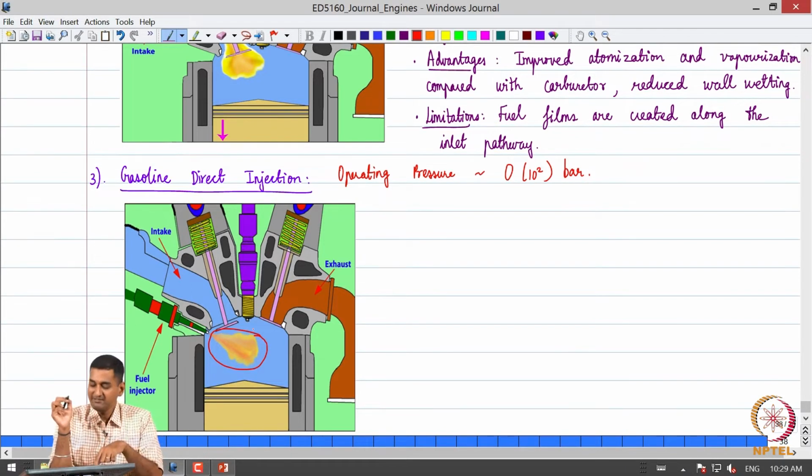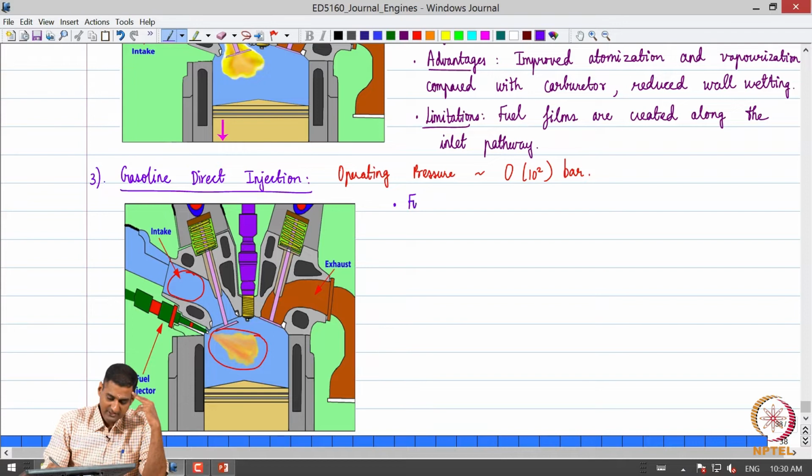Previously we saw that the fuel was sprayed somewhere here, upstream of the intake valve. Now, the injector is placed such that it will spray gasoline directly into the cylinder. So, that is the concept behind gasoline direct injection.